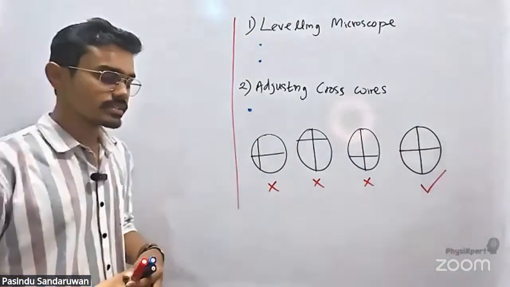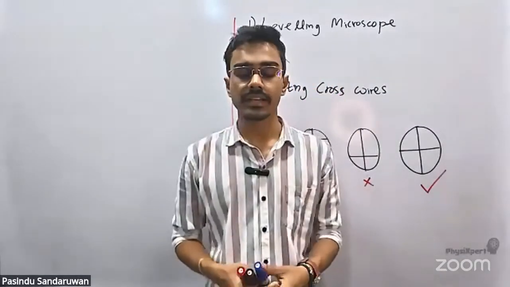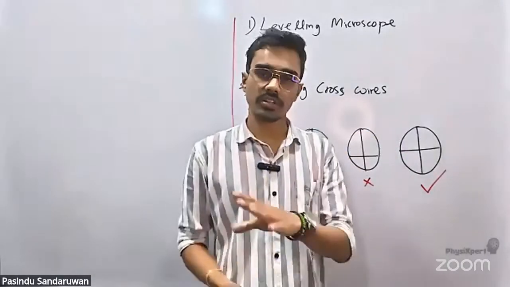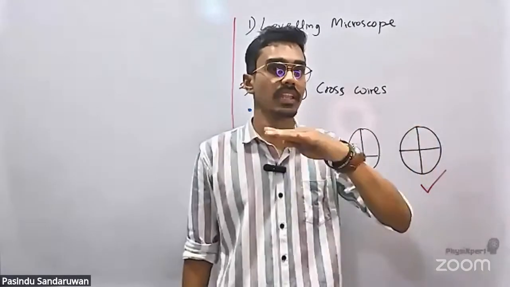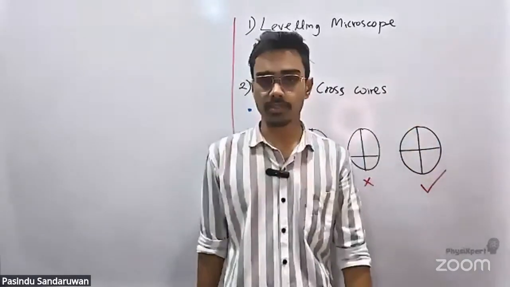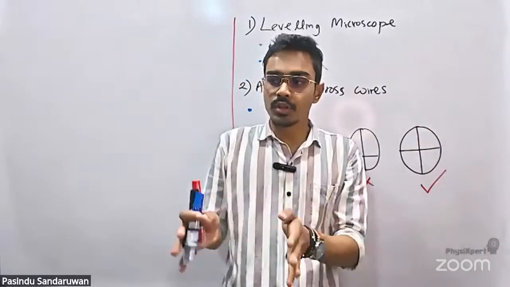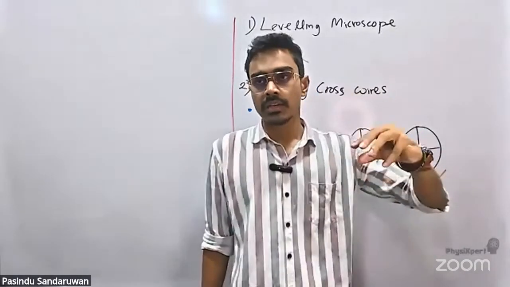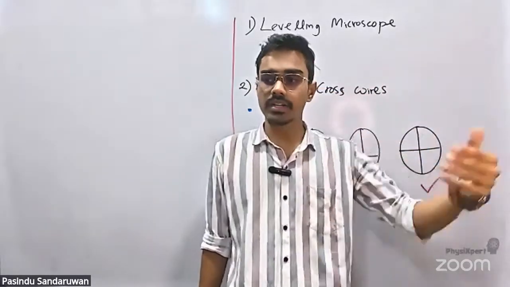Now, first thing is, listen. First thing is, we have to set up the instrument. The traveling microscope should be kept on a horizontal plane. Now preparation is done. In the preparation, you have leveled the instrument, and now you can see this symmetric image of crosswires, right? And now you have to keep the traveling microscope on a table or a horizontal surface, and fix the object that you are going to measure on a stand in front of the traveling microscope.